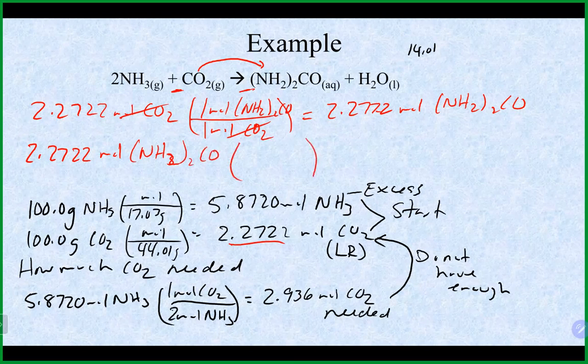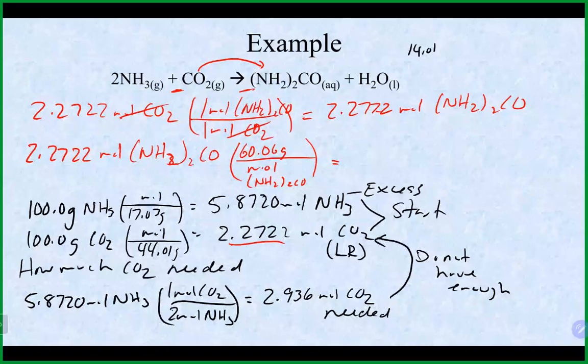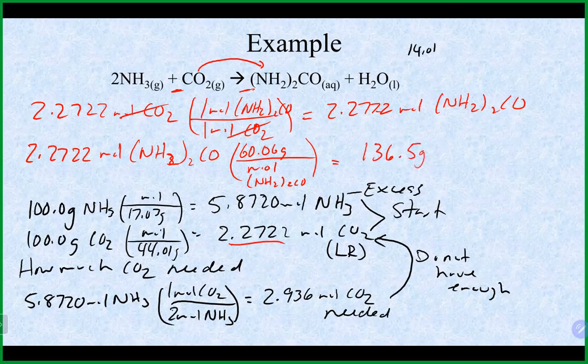So using the molar mass of 60.06 grams per mole, that's the molar mass of our product here, 2.2722 times 60.06 will get us a theoretical yield of 136.5 grams of product here. And that is our theoretical yield.